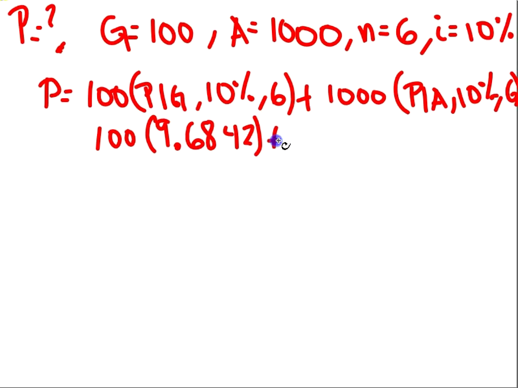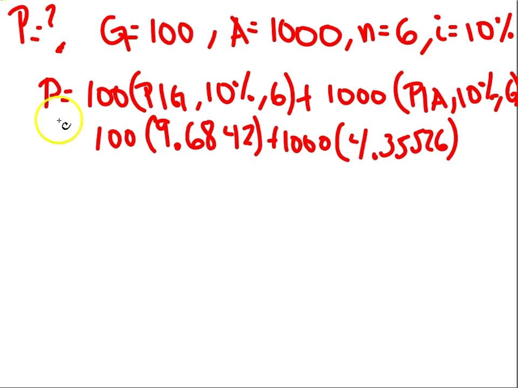Times 100 plus 1000 times, now the factor here for P given A with 10% and 6, we have used this formula several times before, and the value is 4.35526.